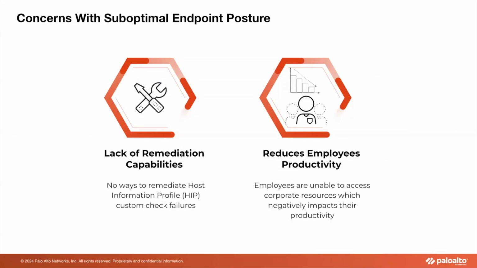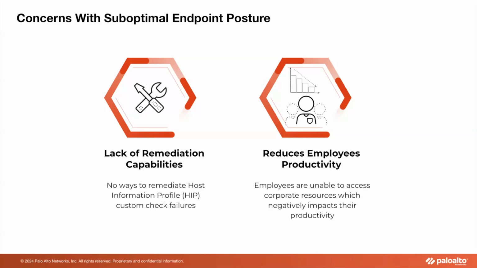Whenever a GlobalProtect endpoint fails one or more process checks, the endpoint can be recovered from that particular condition of the HIP check failure. Suppose you create a script that will run on the endpoint whenever a HIP check fails. When such a process check or registry check fails, you can have a script to remediate that.